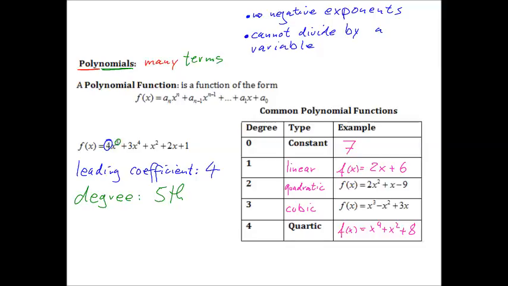We have a function with an odd degree and positive leading coefficient, and that means as x goes to infinity, f of x goes to infinity, and as x goes to negative infinity, f of x also goes to negative infinity. And we did all that without even having to graph this very complicated function or using the calculator. Well done, you guys.